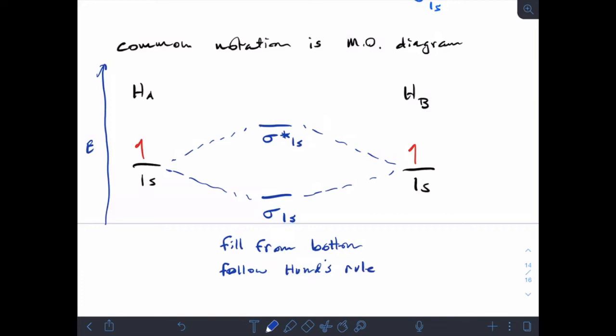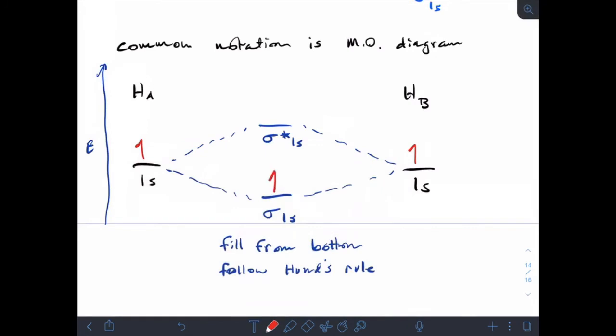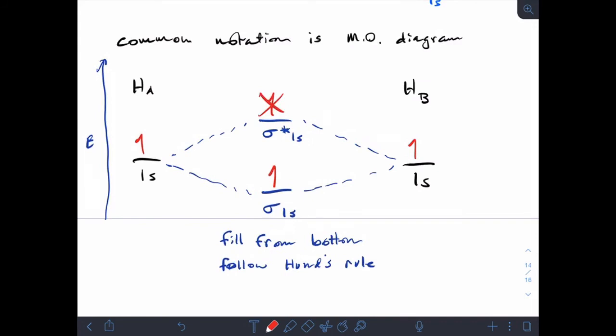Violating Hund's rule would be to take 1 electron and put it here, and the other electron to put it there. Can't do that. Hund's rule says that I have to fill singly and then double before I move to a higher energy level.